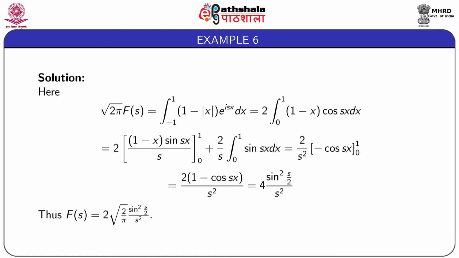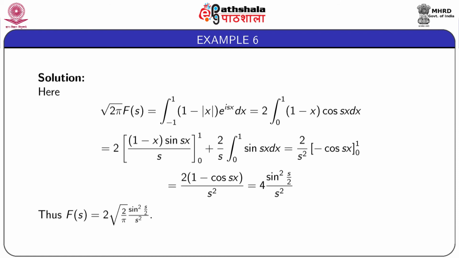So, we find out first the Fourier transform of this function f(x). So √(2π) F(s) is equal to the integral from -1 to +1, where the function is defined, of (1 - |x|) e^(isx) dx.